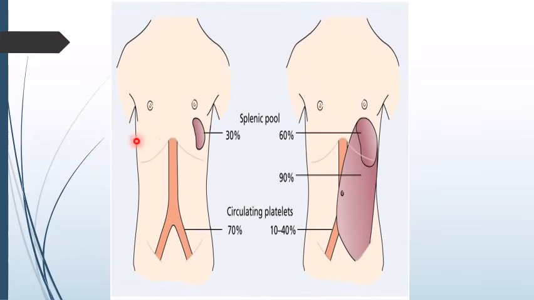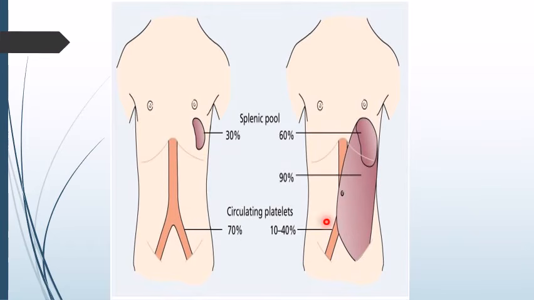As we see here, this is a picture demonstrating the role of the spleen in platelet sequestration. A normal spleen usually holds about 30% of the circulating platelets. When we have hypersplenism, when the spleen increases in size and function, it will take up about 10 to 90% of the platelets.